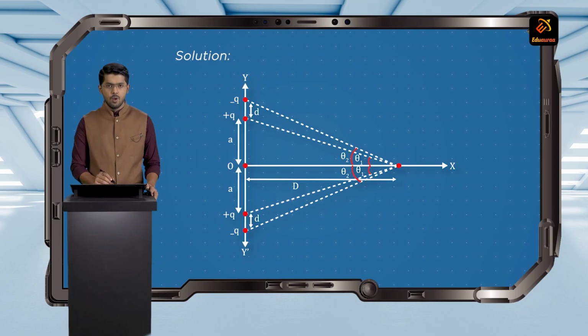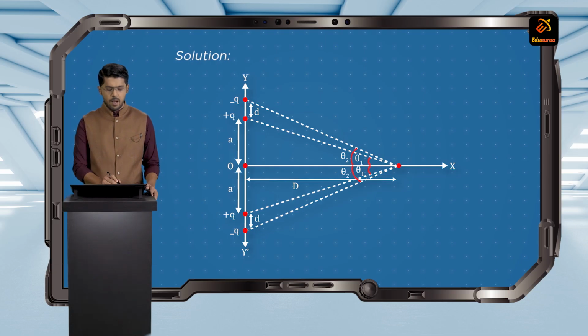And it will exactly be the case for the other two charges on the other side of the x-axis on the negative y-axis, and those will also subtend an angle theta 1 and theta 2, as can be clearly seen in the figure. Now, if you notice, the situation is clearly symmetric.